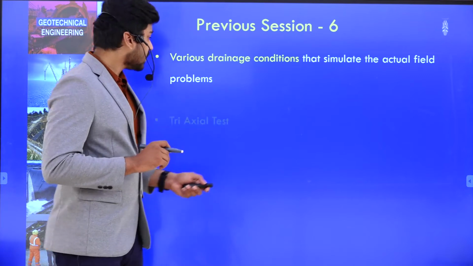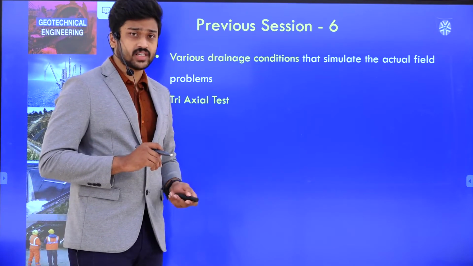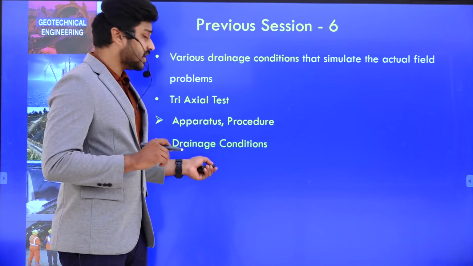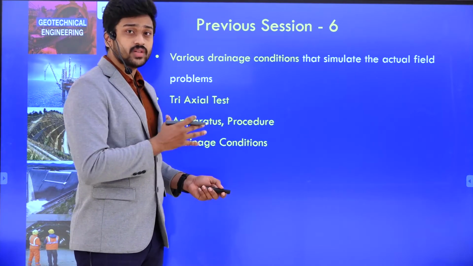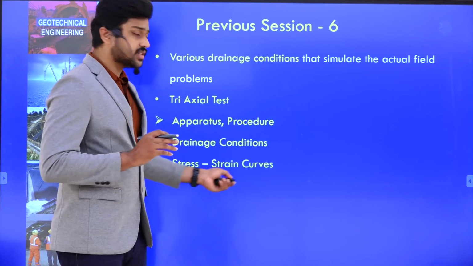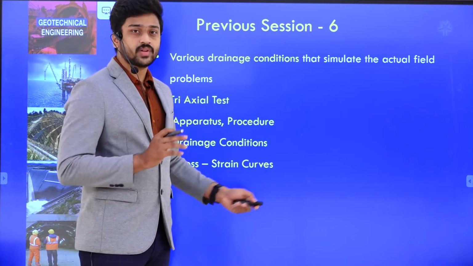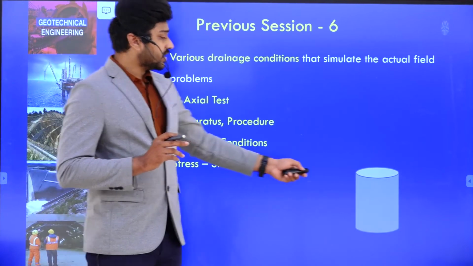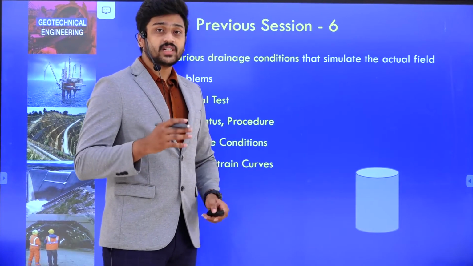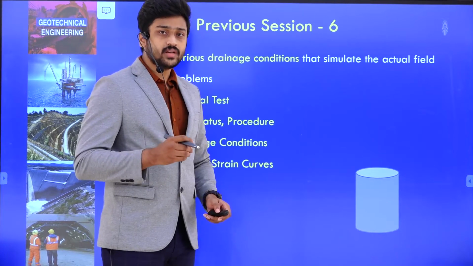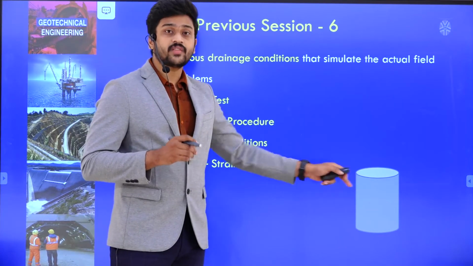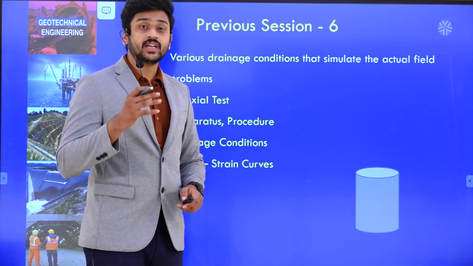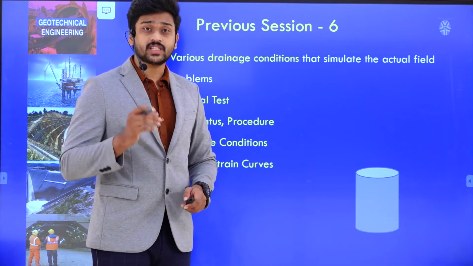Okay. Furthermore, we have discussed the triaxial test, its apparatus as well as the testing procedure, and then the drainage conditions, how we implement them onto the triaxial test, as well as the stress strain curves when performed in a triaxial test. So let me give a small reminder that in the triaxial test we have considered a cylindrical specimen of diameter say 38 mm and height of 76 mm.